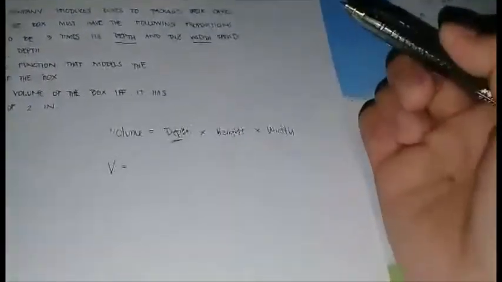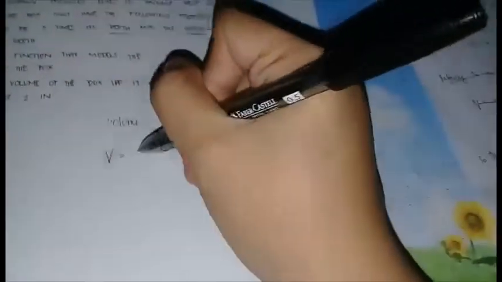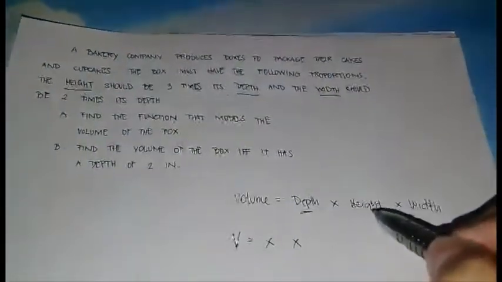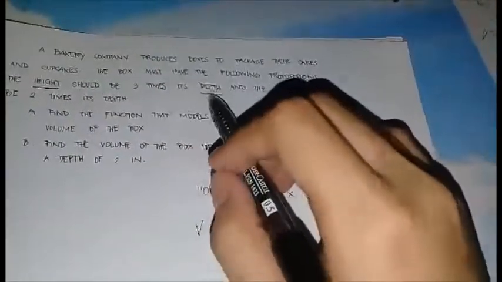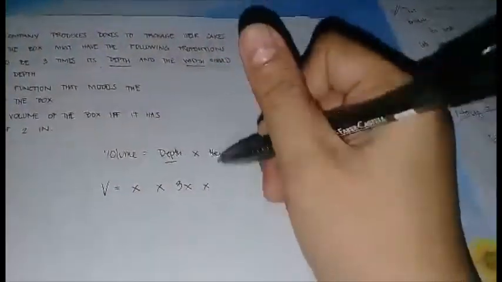For the volume, we have a capital letter V. And let x be the depth of the box, times the height. Referring to our problem, the height should be 3 times its depth, so we'll rewrite it as 3x. Times, as for the width, it should be 2 times its depth, so we'll rewrite it as 2x.